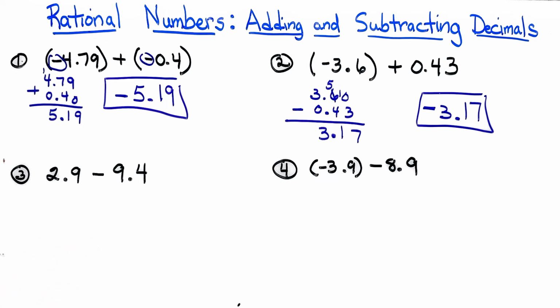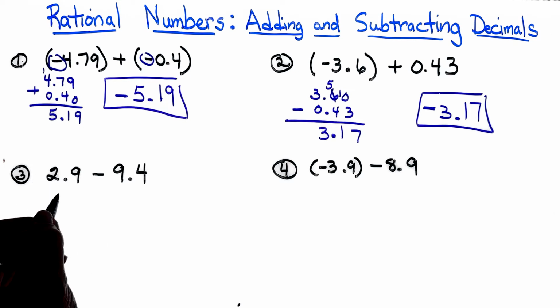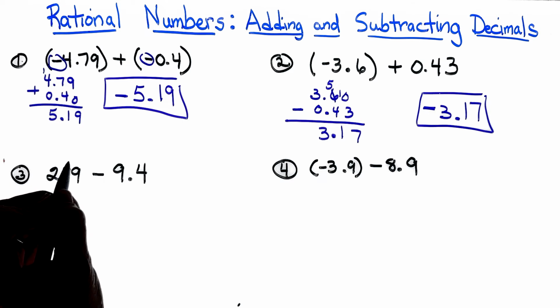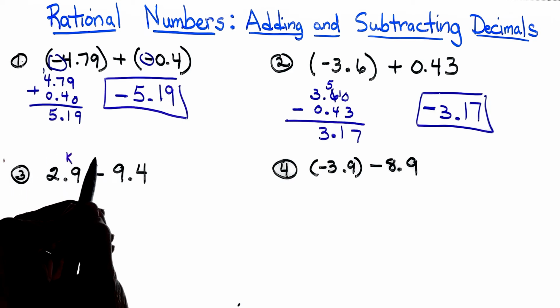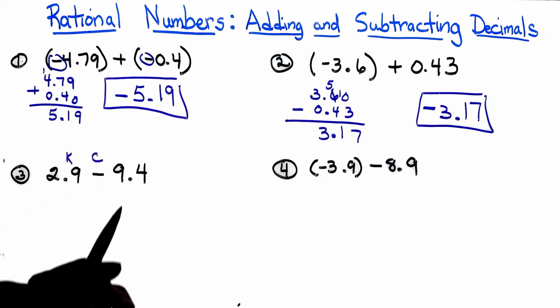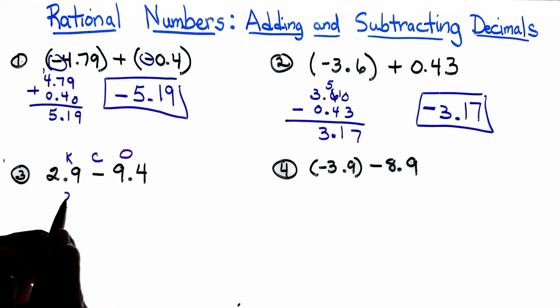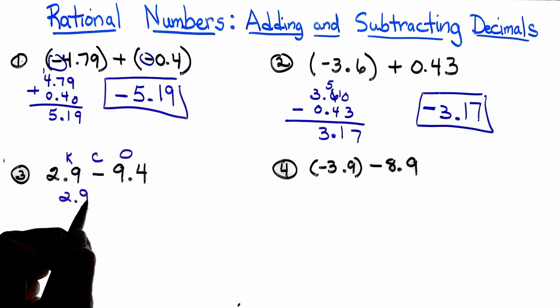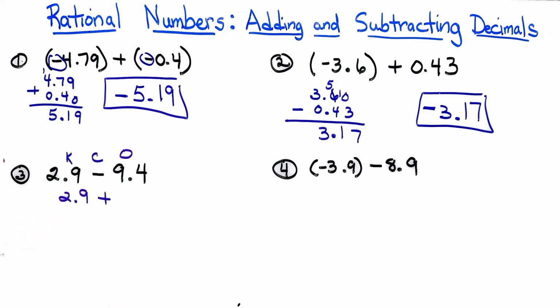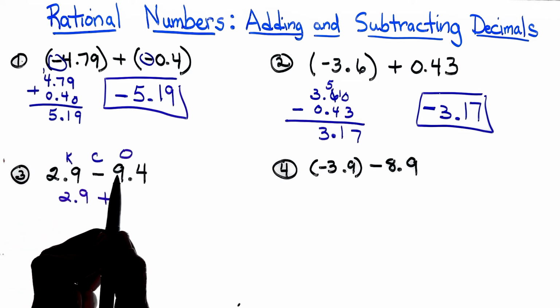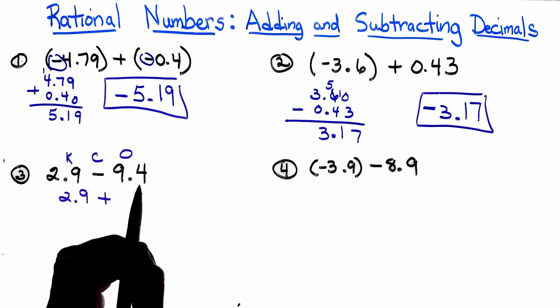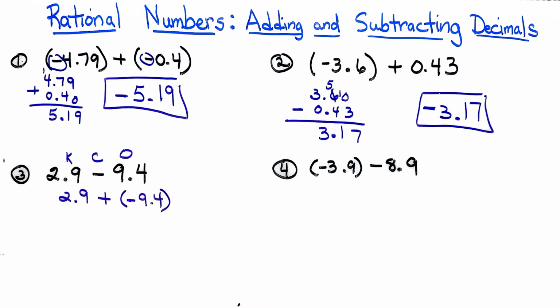The 9 and 4 tenths is really positive, but I am going to rewrite this as an addition problem. Remember, we keep this the same, we change the sign to addition, and we write the opposite of what we see. So 2 and 9 tenths plus now, and the opposite of a positive 9 and 4 tenths is a negative 9 and 4 tenths.